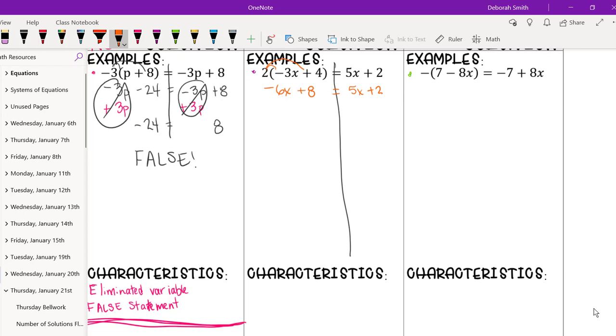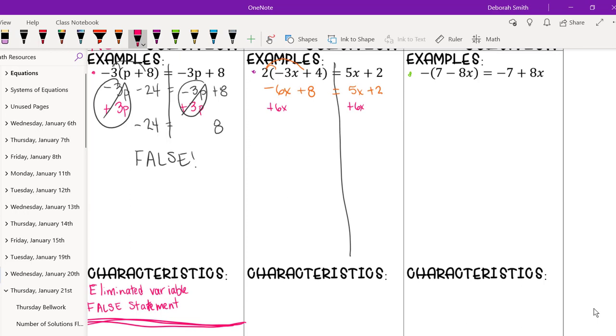Okay, now we can go to the pink step where we can put things together across the equal sign line. So what I would choose to do is add the 6x to both sides.